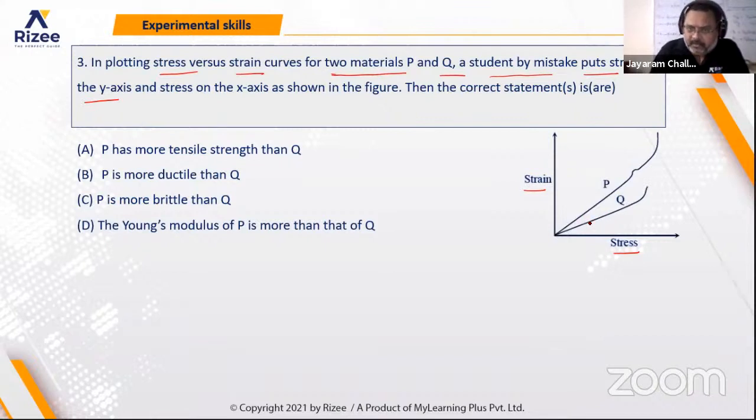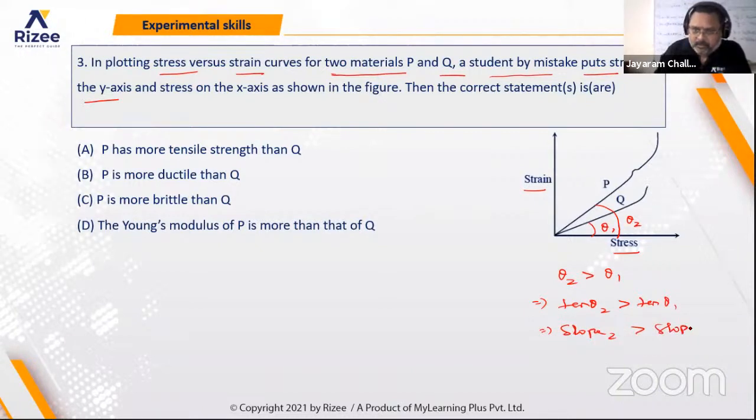If I consider this angle theta 1, and the angle made by P to the x-axis is theta 2, then clearly theta 2 is greater than theta 1, which implies tan theta 2 is greater than tan theta 1. Tan theta is nothing but the slope. Slope 2 is greater than slope 1. What does that mean?